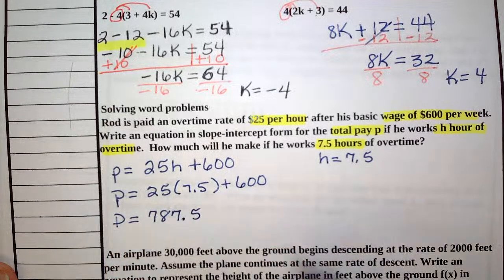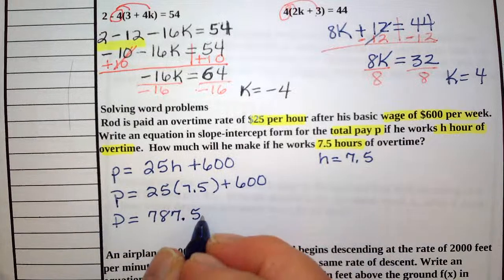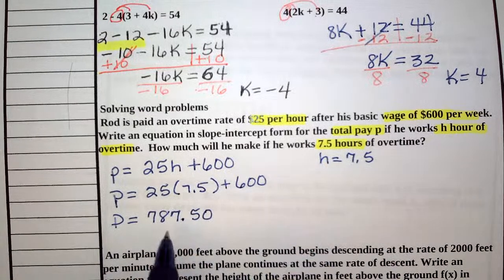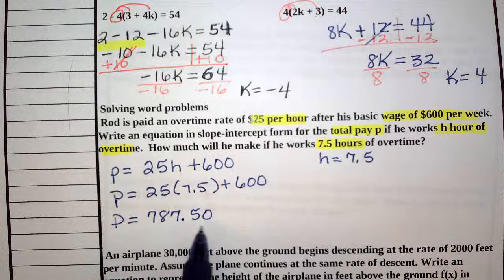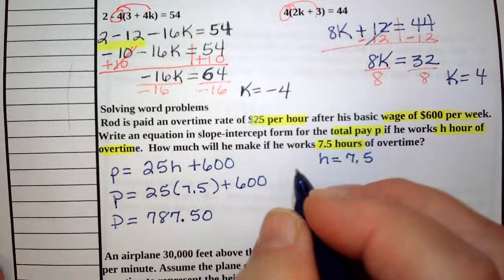Do I leave it as 0.5? No, this is money, so we've got to go out to the hundredths because this is 50 cents. So we always answer the question.